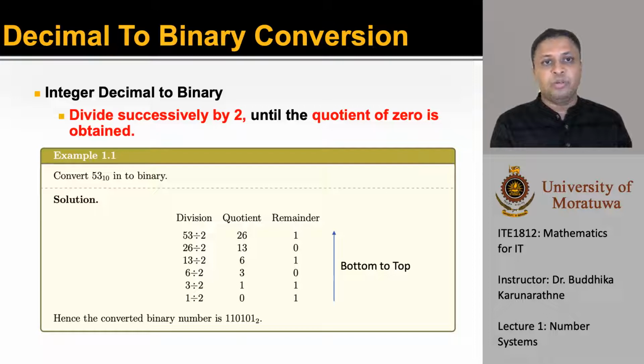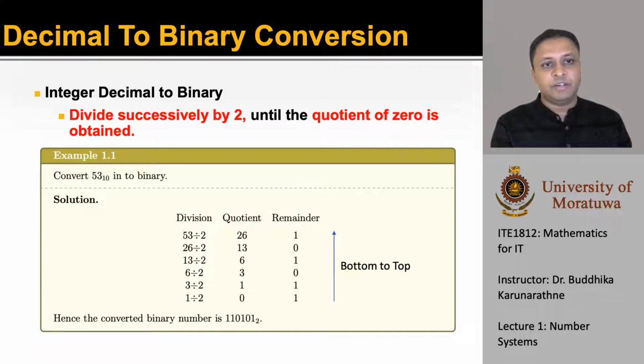Why 2? Because we are converting it to the binary number system, until the quotient of 0 is obtained. Let's take an example, that would be the better way of understanding this.